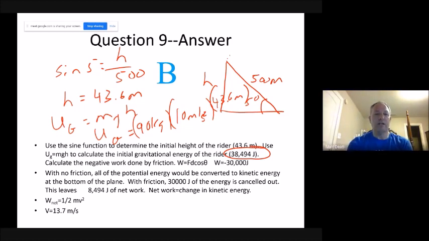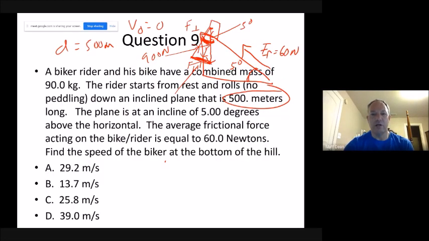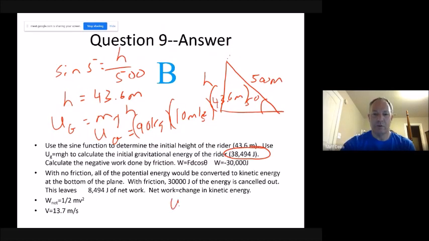Now we can also calculate the work done by friction. The work done by friction is the force of friction, and in this case, the force of friction was 60 newtons, times the distance that the box slides, 500 meters, times the cosine of the angle between the distance moved and the frictional force.